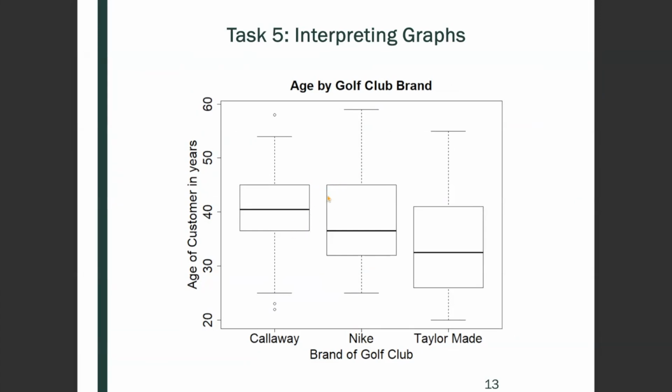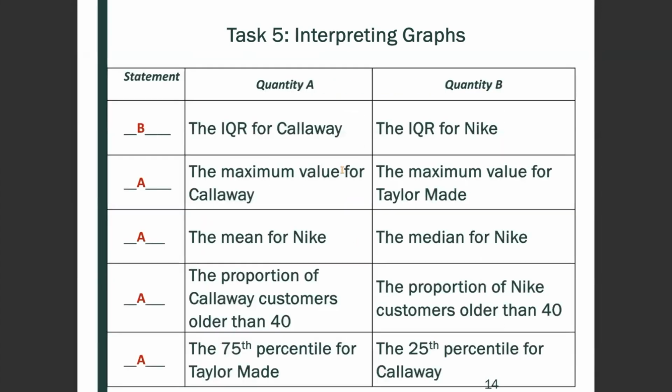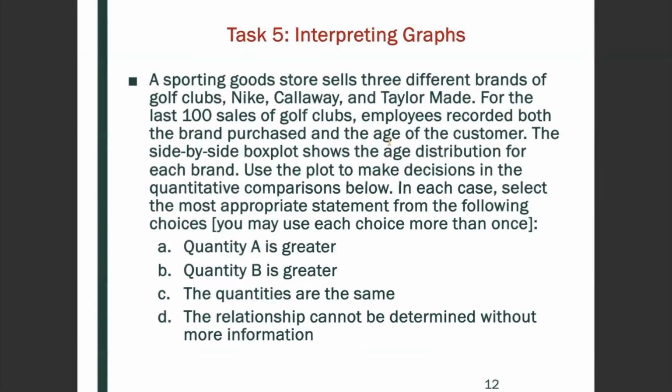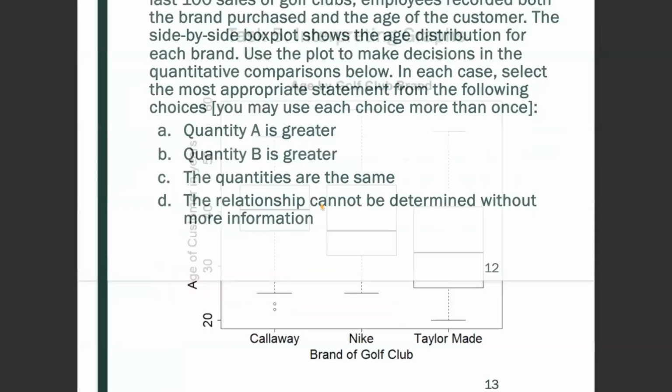I can see that just by looking at Callaway versus Nike, Nike has a larger interquartile range if I look at the distance between this hinge and this lower hinge, versus this hinge and this lower hinge. So just by eyeballing it, I can see that Nike has a larger interquartile range. So the answer is B because here is what we can select. So B, quantity B is bigger.